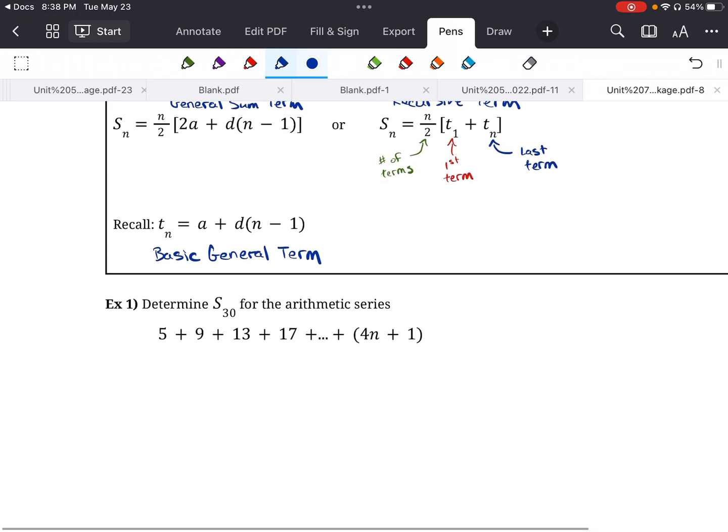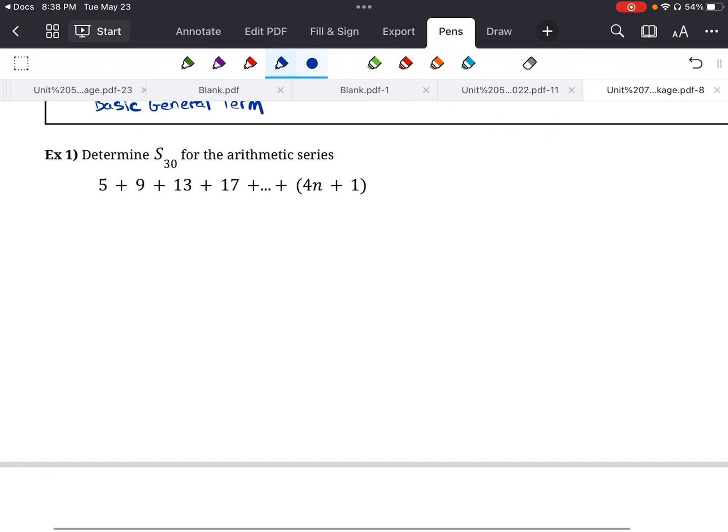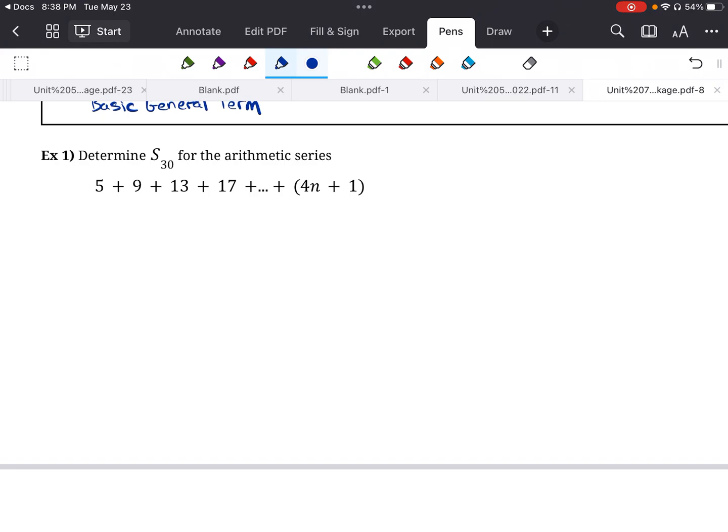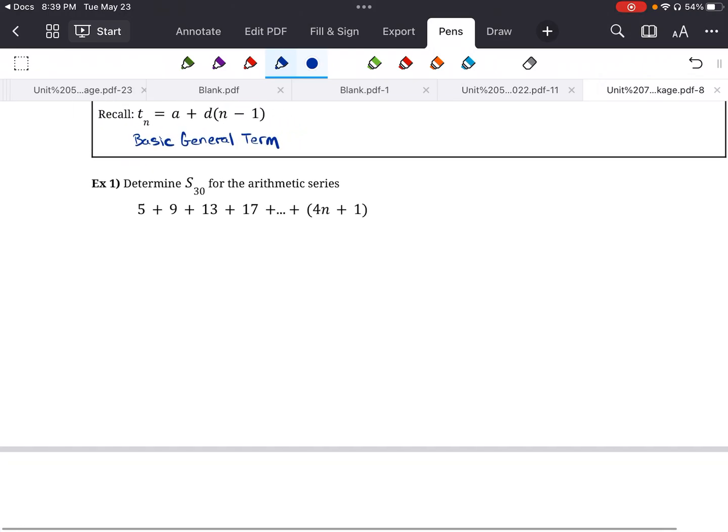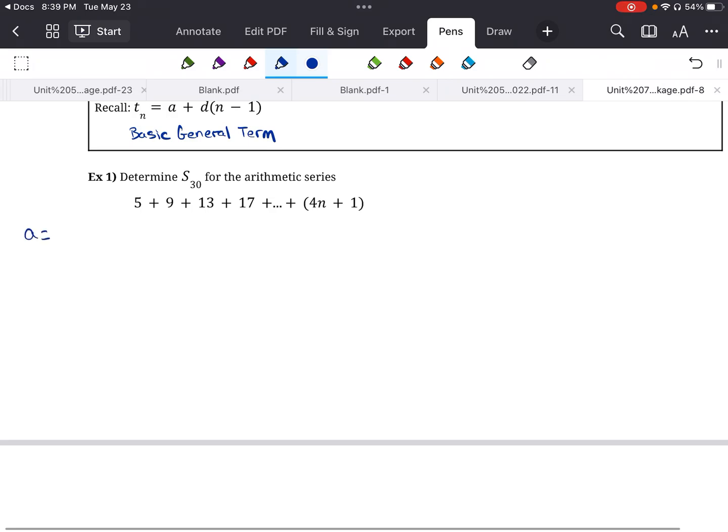Okay, example 1: determine the sum of 30, so n would be 30 here, for the arithmetic series. So we have 5 plus 9 plus 13 plus 17, and all the way on until you get 4n plus 1. So what do we know here? Our first term is 5.